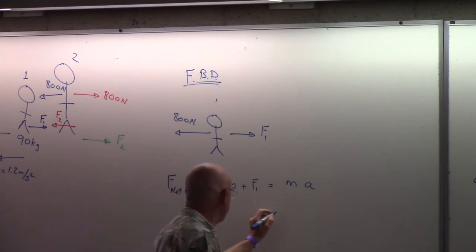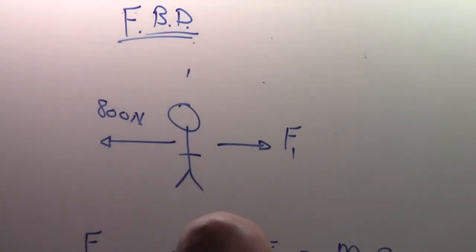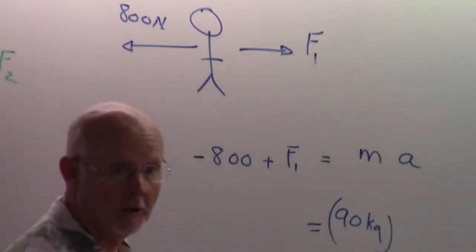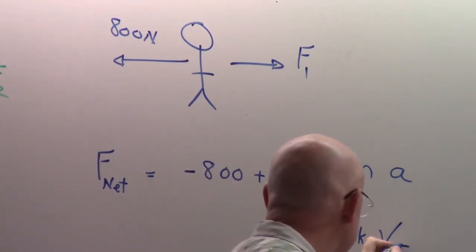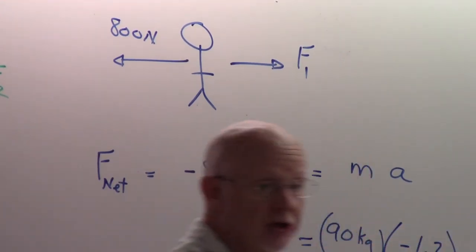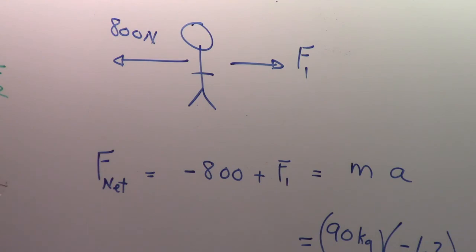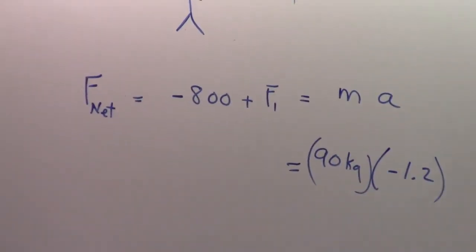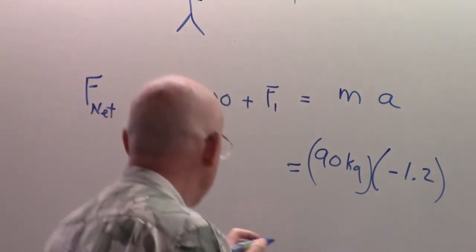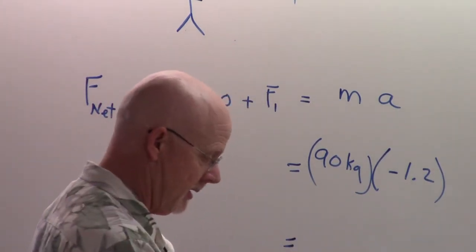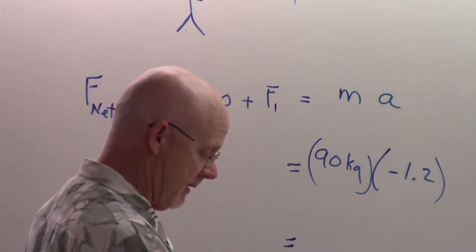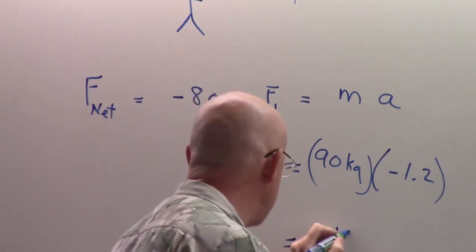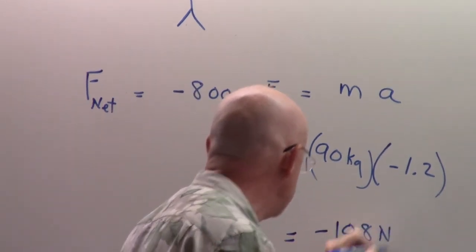And so the mass is 90 kilograms. The acceleration is a negative 1.2 in my picture. And so I can then get 90 times a negative 1.2. So this is negative 108 newtons.